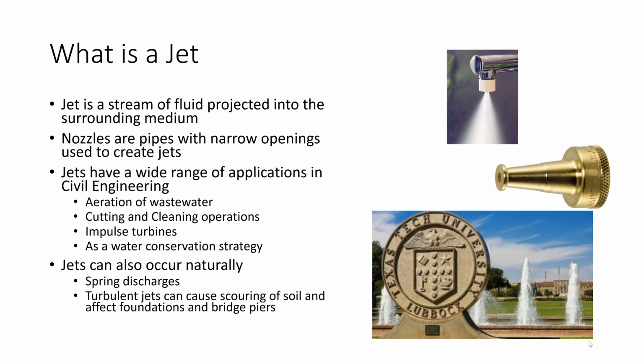A jet is simply a stream of fluid that's projected onto a surrounding medium. Here I show a jet of water being projected out of that nozzle into the surrounding medium. Nozzles are really small diameter openings. They are pipes with very small openings that are used to create jets.